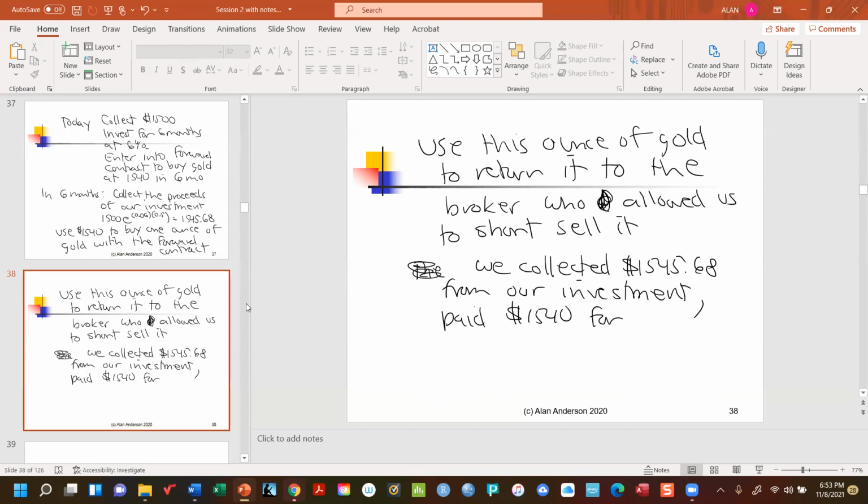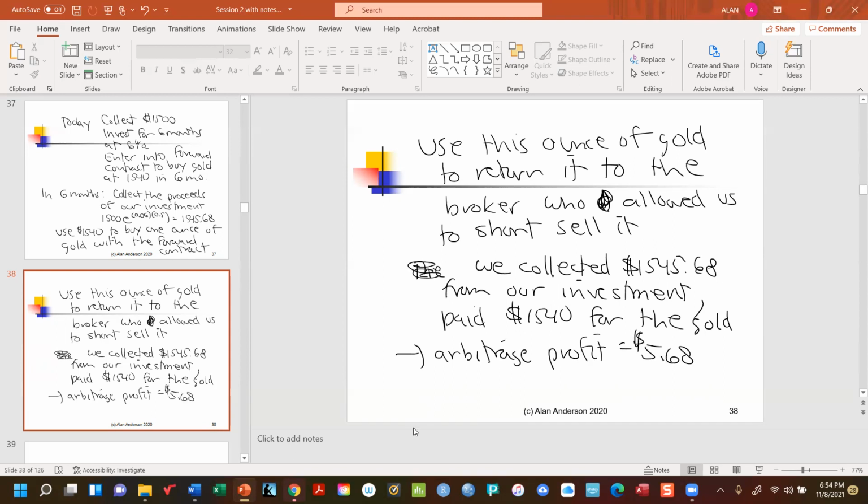Well, I think you can see where this is going. The arbitrage profit is $8.68. Because we were given a quote that was too low, we were able to earn an arbitrage profit.